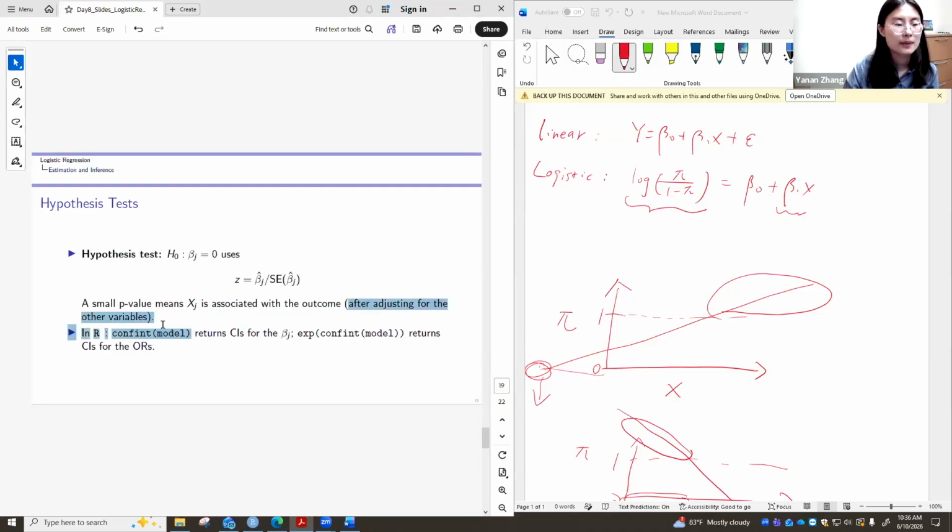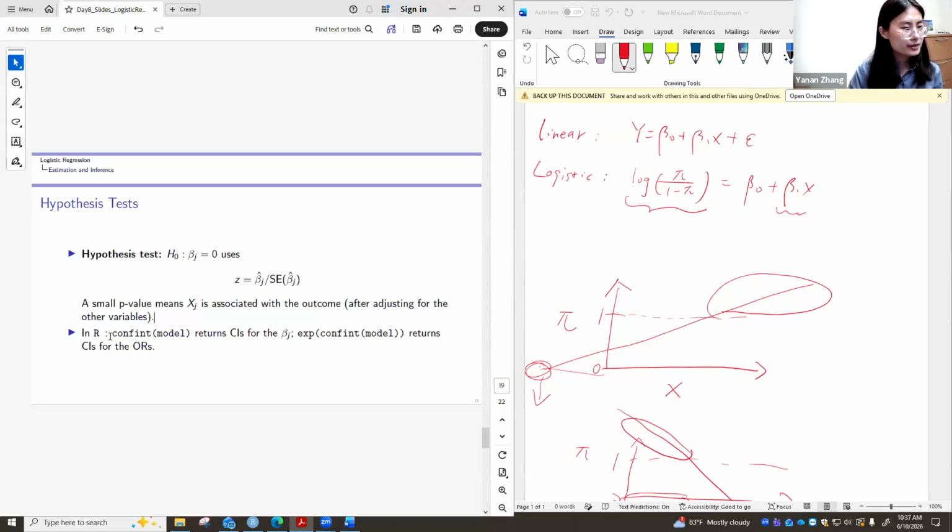For now we only focus on the simple form of logistic regression, which only includes 1 predictor. Later we will talk about multivariable logistic regression. Then when we interpret the results, we have to say after adjusting for other variables. Don't worry, we will look at examples of multivariable logistic regression later. All right.